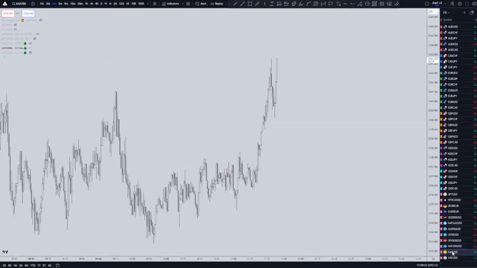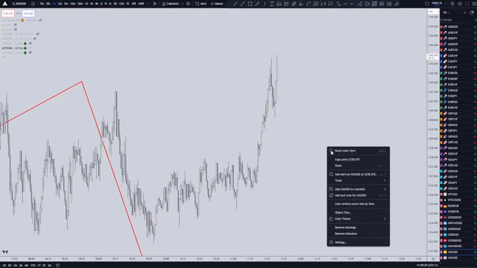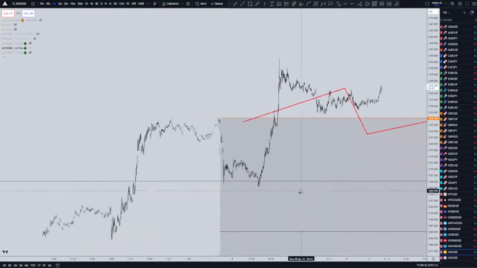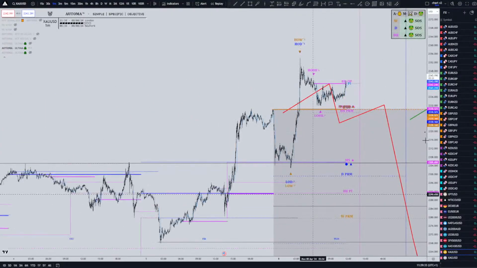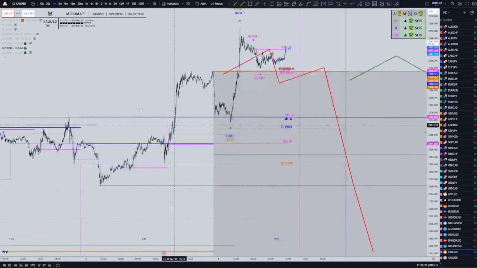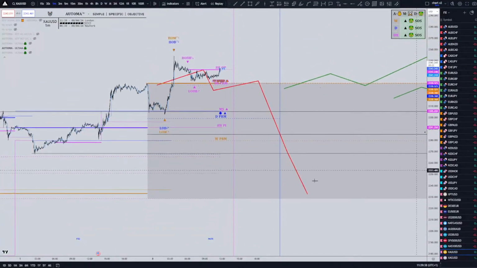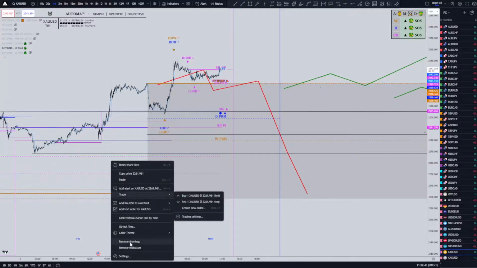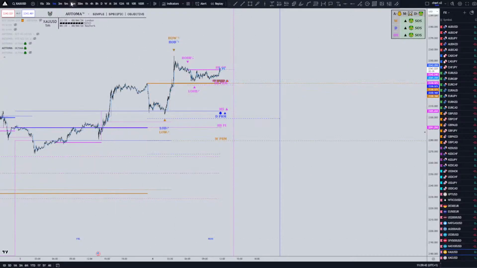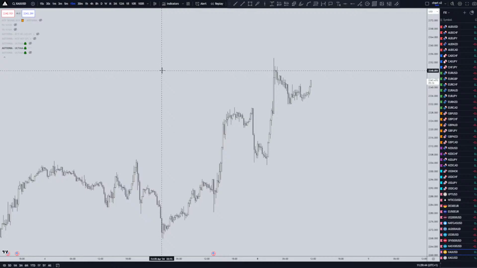Let me check the gold. I can still use 50-minute candles on 1 minute.